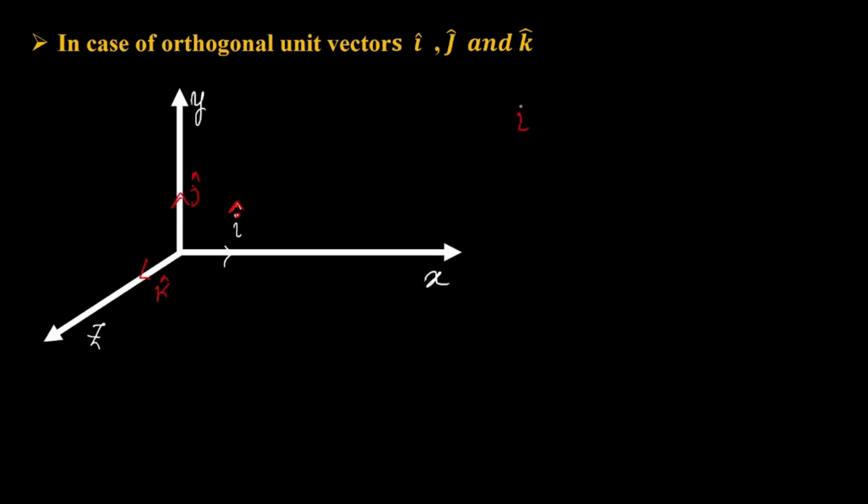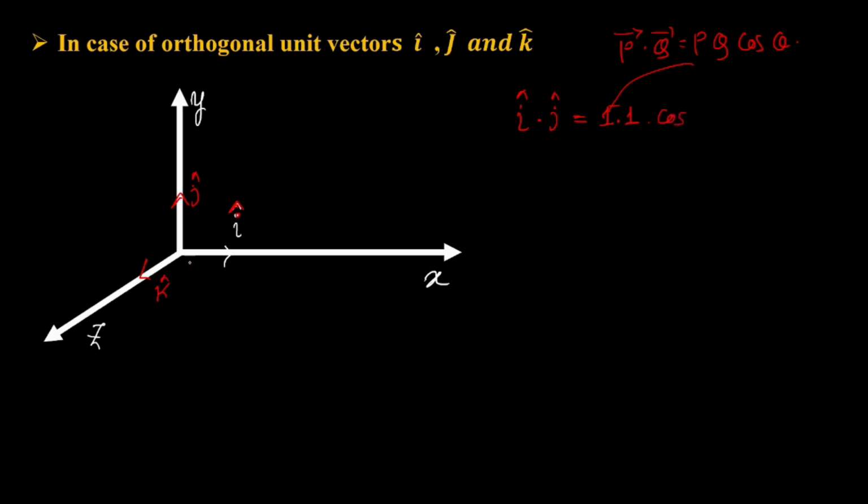Now you see, if you take the dot product of the I cap vector with the j cap. Now remember the dot product formula. P dot Q is equal to what? Magnitude of P, magnitude of Q, cos of the angle between them. So I dot j will be the magnitude of the I vector, which is 1 because these are unit vectors, times the magnitude of the j vector, which is also 1.